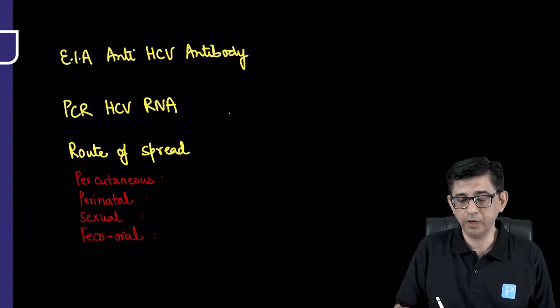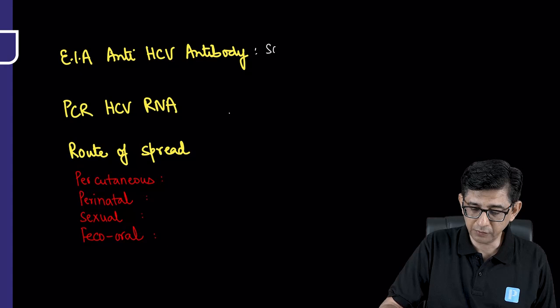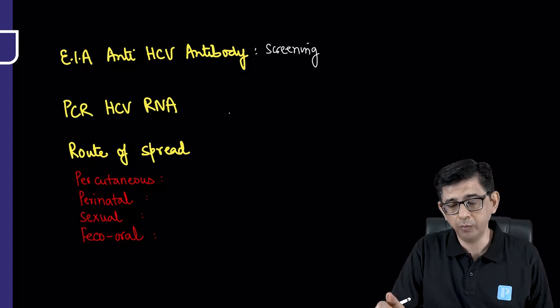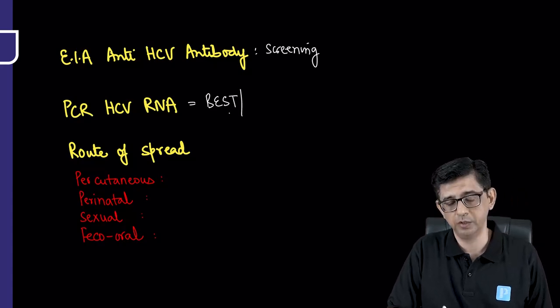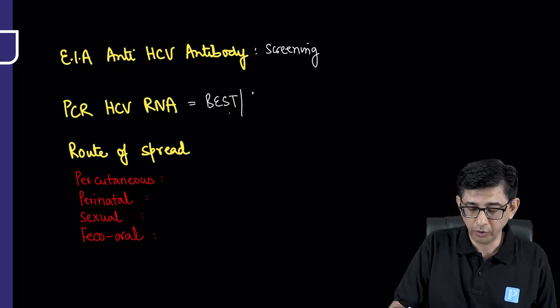As far as the screening or initial test for hepatitis C infection is concerned, we do an anti-HCV antibody. If asked what is the best test for diagnosis, or the best to quantify the viral load, it's PCR HCV RNA. And not only is it the best test, it is also for early diagnosis.